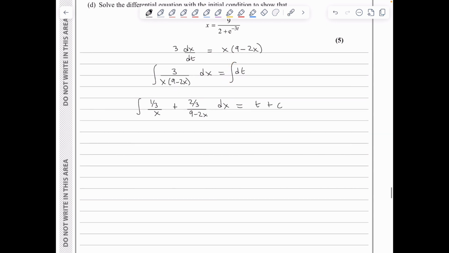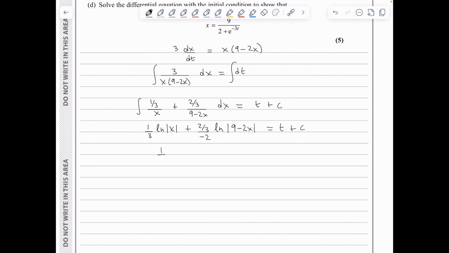Now the integral of (1 over 3) over x is simply 1 over 3 ln of modulus of x, whereas the integral of (2 over 3) over (9 minus 2x) will give me 2 over 3, I've got the ln of the modulus of 9 minus 2x, but I also need to divide by the derivative of the 9 minus 2x, which is negative 2. So I divide by negative 2, and this is equal to t plus c.